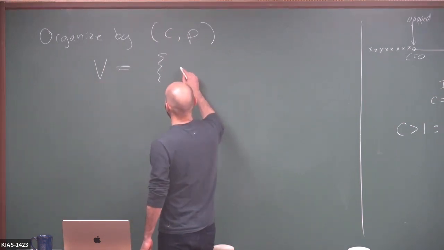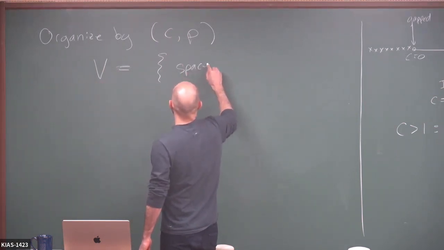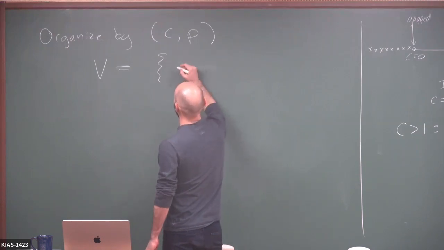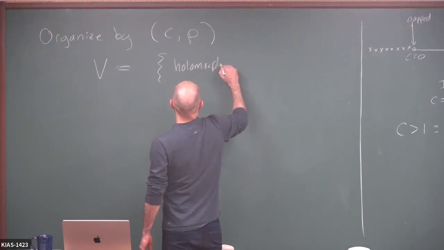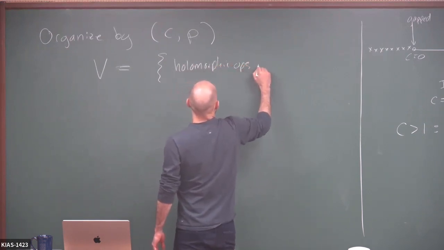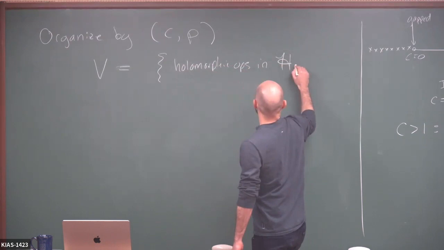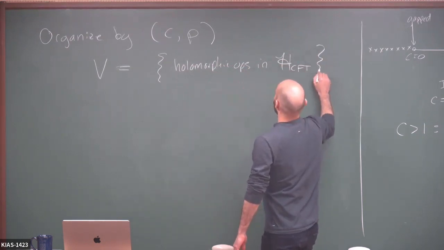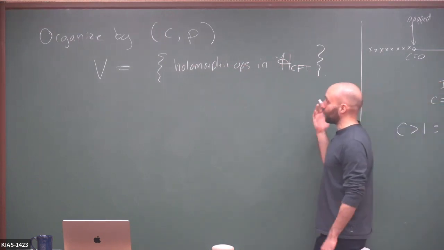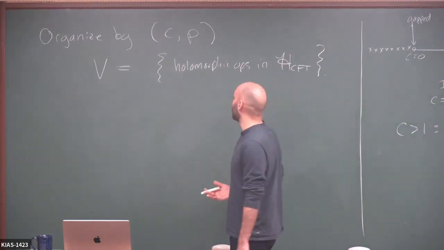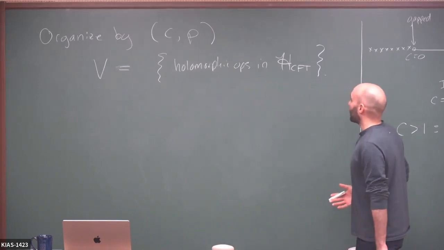Those are defined as the space of holomorphic operators in your 2D CFT. The product of holomorphic operators is holomorphic again, so they form a kind of consistent truncation of the full operator algebra.